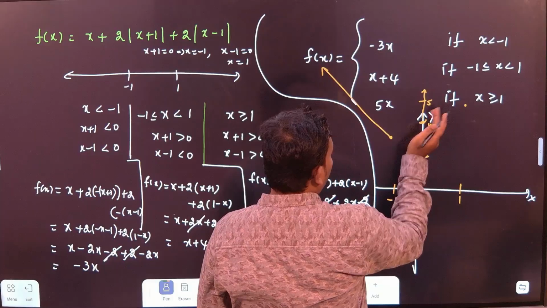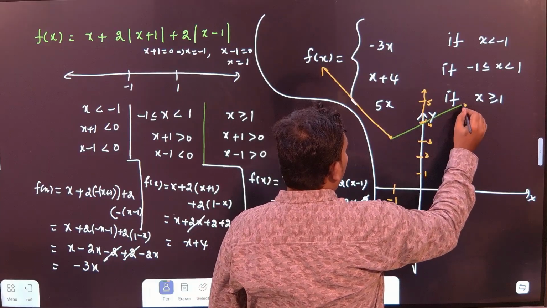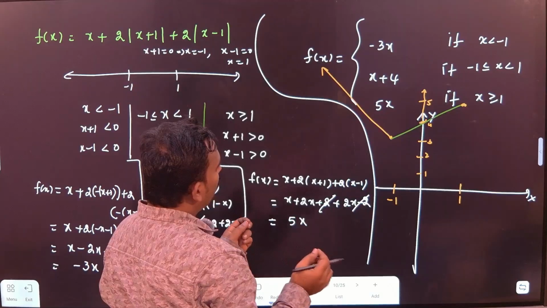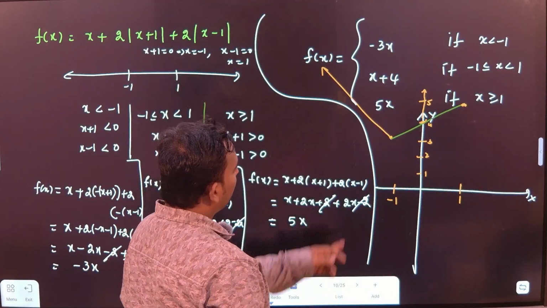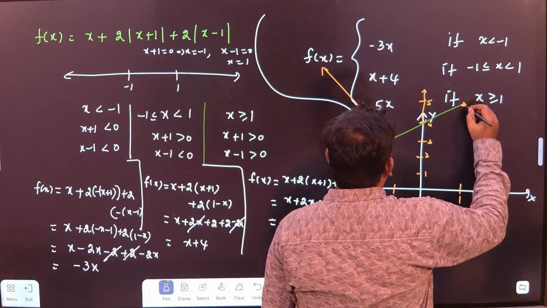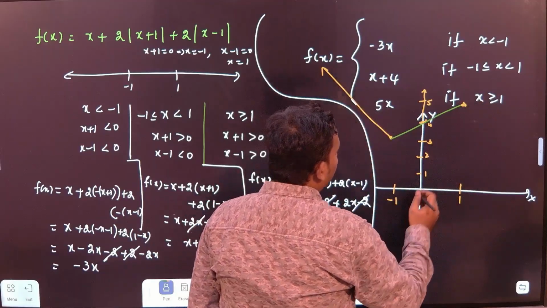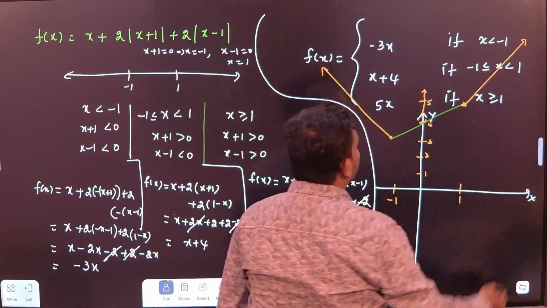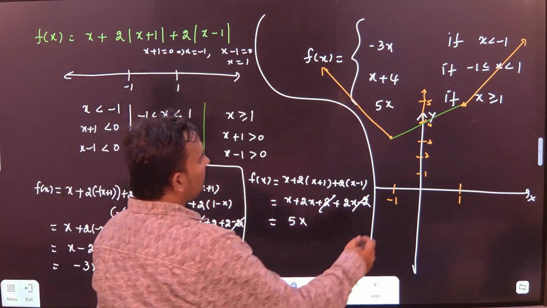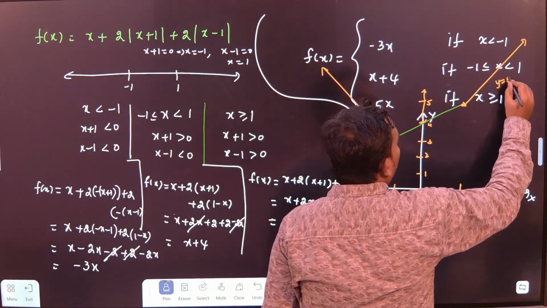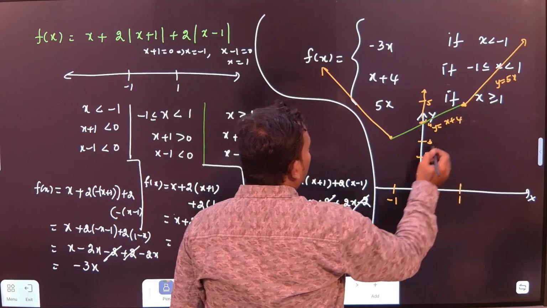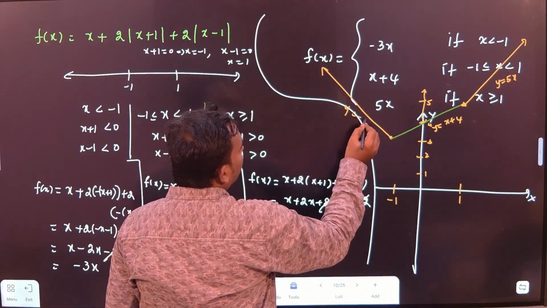So y is equal to x is shifted like this, right? Then when you take more than 1, 5x, let's take 1 here, 5, this will be included. This is the graph. This is y is equal to 5x. This is y is equal to x plus 4. Y is equal to minus 3x.